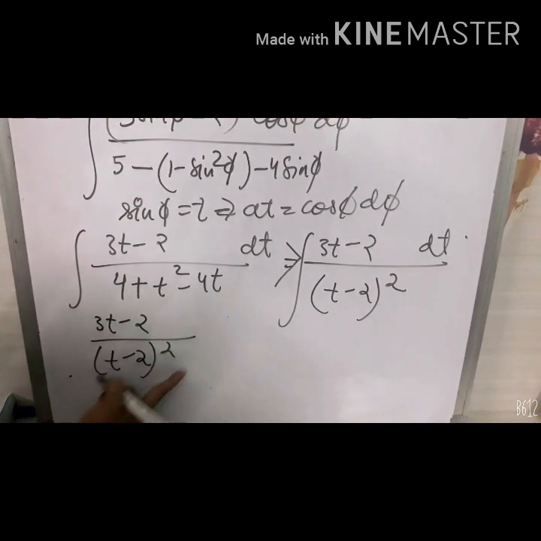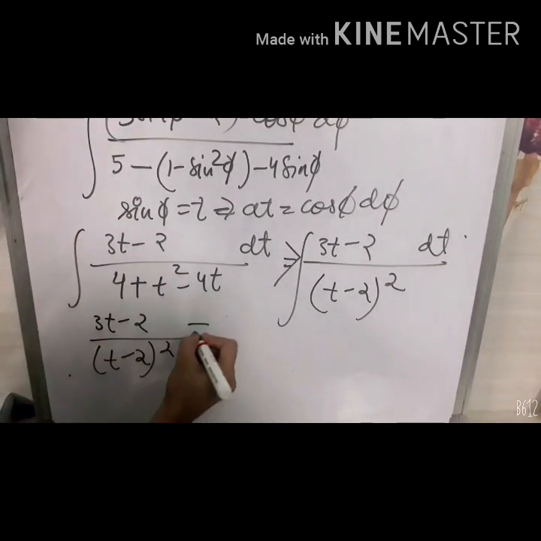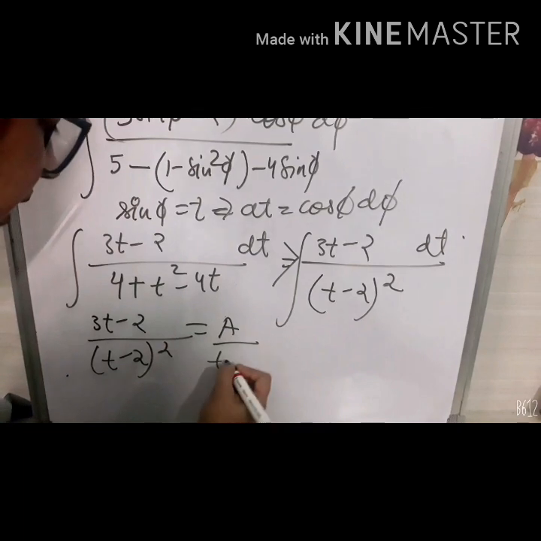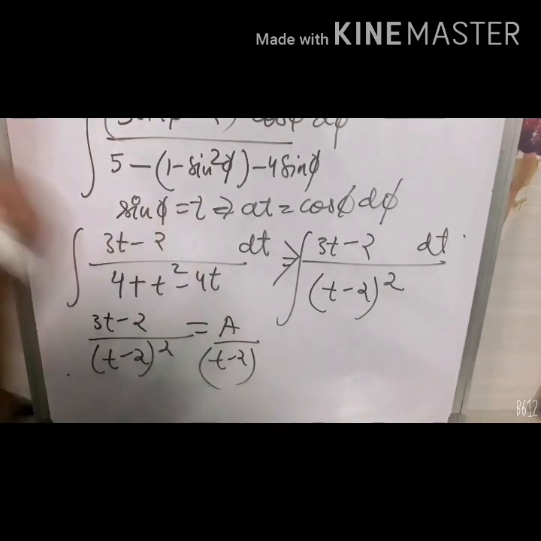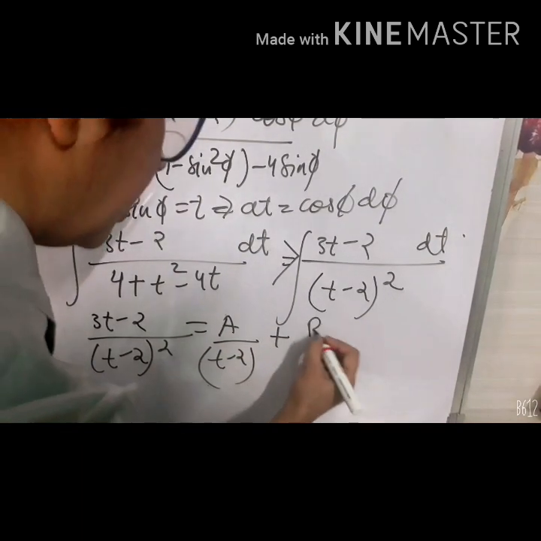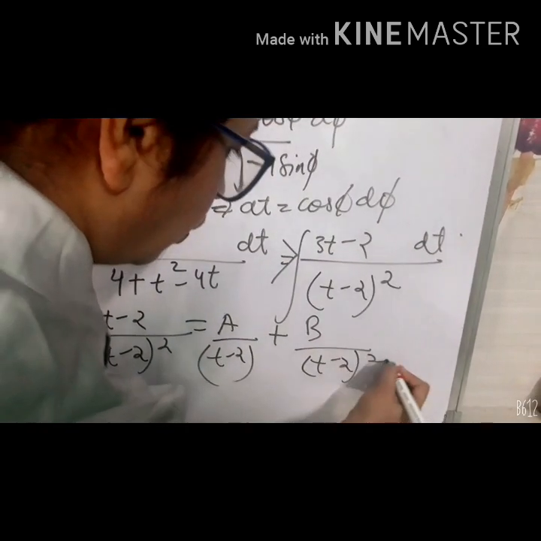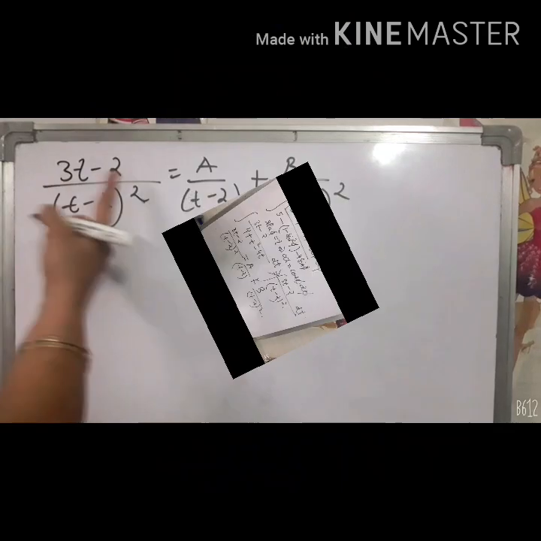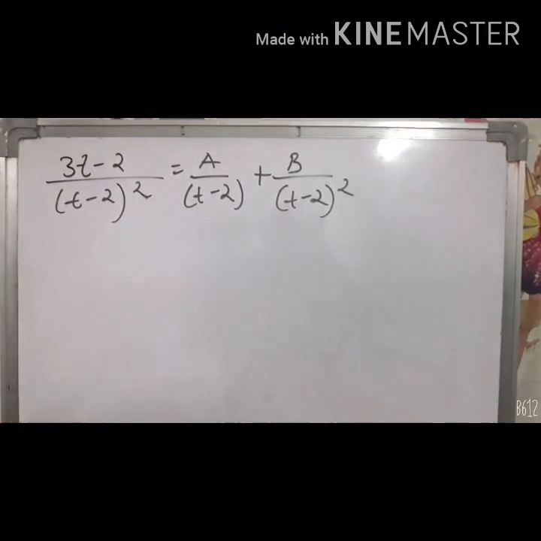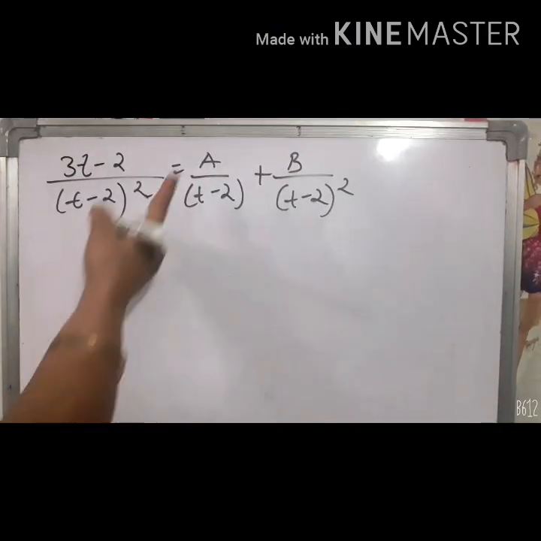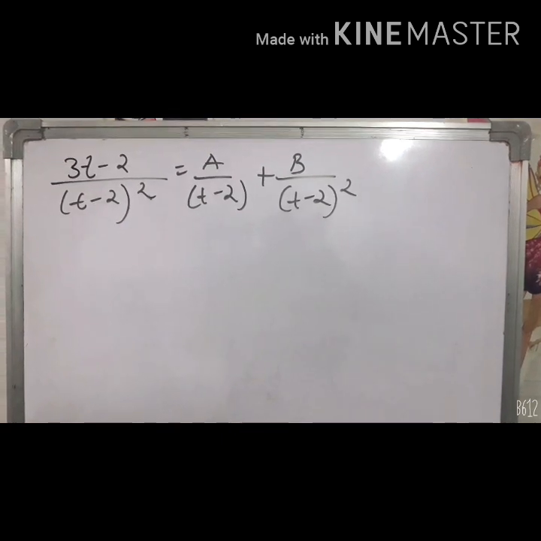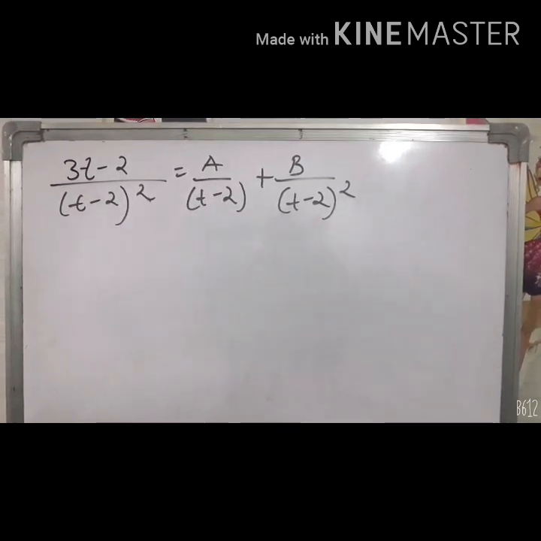Linear, but the power was 2. So it becomes a by t minus 2, and I have to start from 1 plus to make it what the power was, t minus 2 whole square. 3t minus 2 by t minus 2 whole square is equal to a by t minus 2 plus b by t minus 2 whole square.